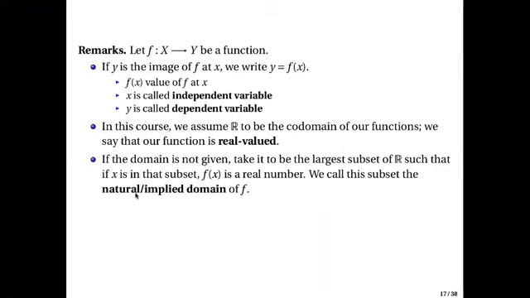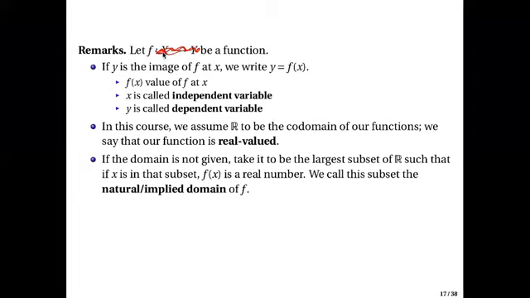We call this the natural or implied domain of F. Natural or implied. We don't write it like this. A lot of times we'll just write the function like this without this x right arrow. So let f be a function. We solve for the domain.